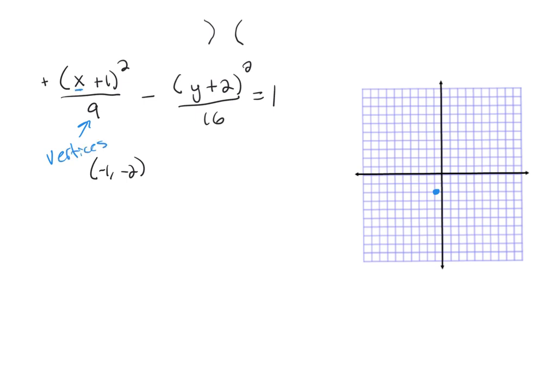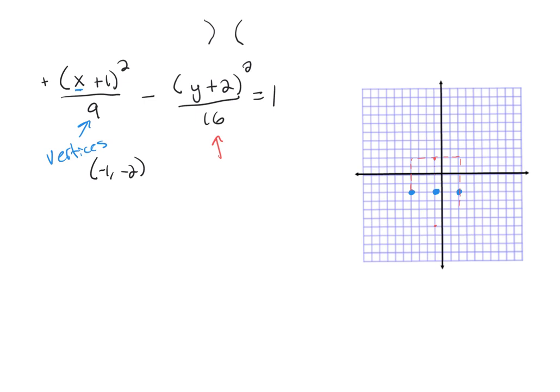So because it's under the x, our vertices are left and right. And then the second will get us our co-vertices. So I'm going to go up 4 and down 4.